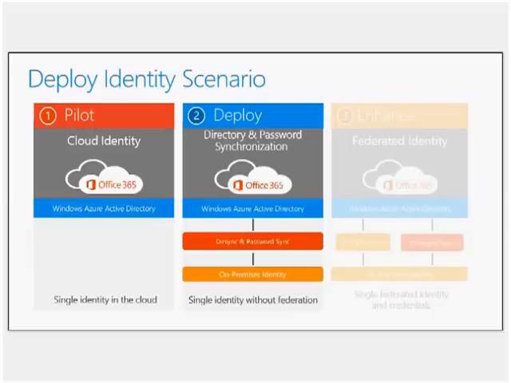Just to reiterate, from a deploy identity scenario, we've moved from cloud identity into the deploy scenario where we see on-premises identities being synchronized with the cloud through DirSync, and from a password sync capability that came out last spring.